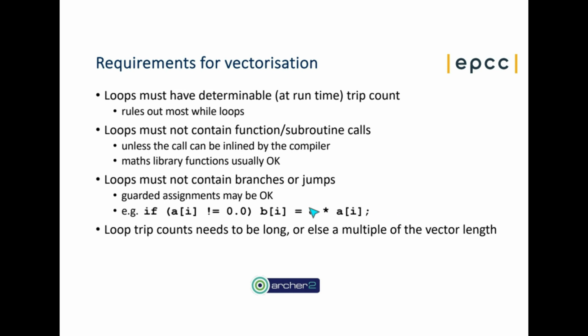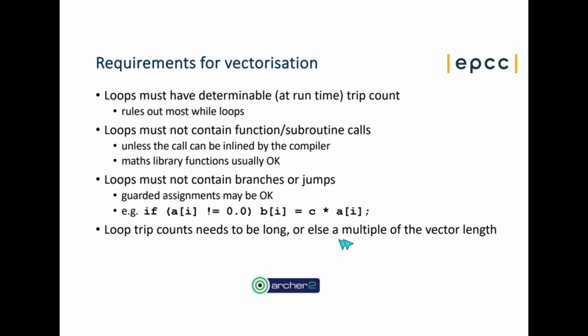So statements like this: if A(i) is not equal to 0, then B(i) equals C(i) times A(i). It may be possible to still vectorize that. It's not necessarily terribly efficient, but it can be done.